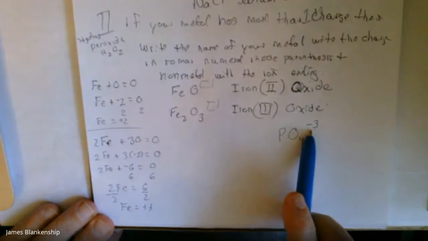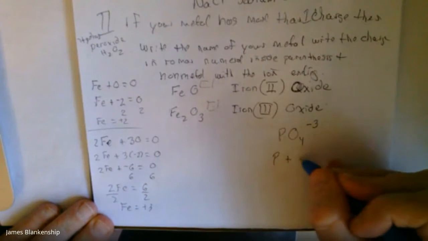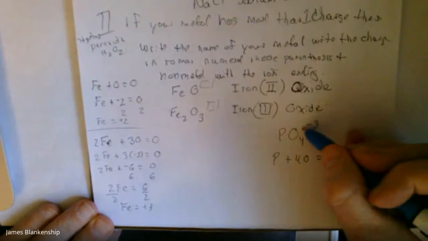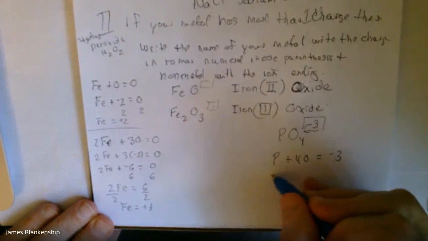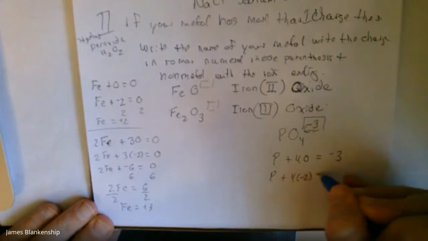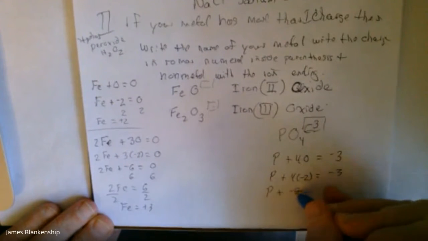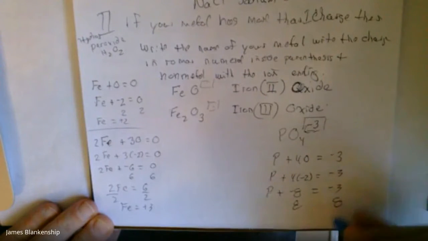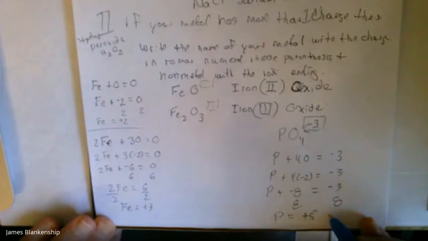An ion has a charge, but I can now write this as phosphorus plus 4 oxygens equals a -3 because I have this charge hanging out up top. I would then say phosphorus plus 4 times a -2 yields a -3. Phosphorus plus a -8 yields a -3. Add your 8, add your 8. The charge on your phosphorus is a +5.